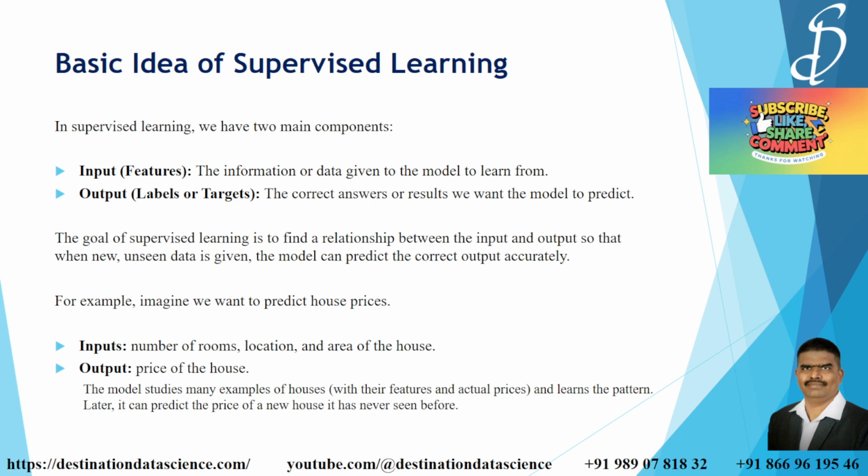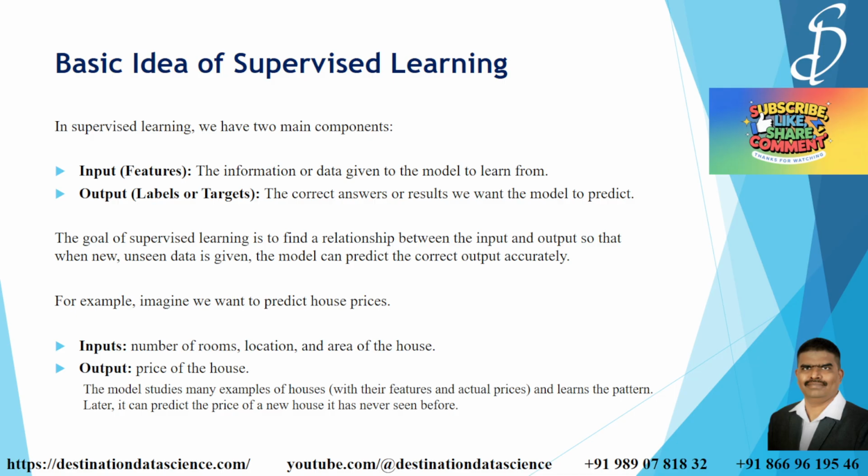The information or data given to the model is the input. The correct answer or the result we want from the model is the output. The goal of supervised learning is to find the relationship between input and output so that when new unseen data is given, the model will predict the correct and accurate output.